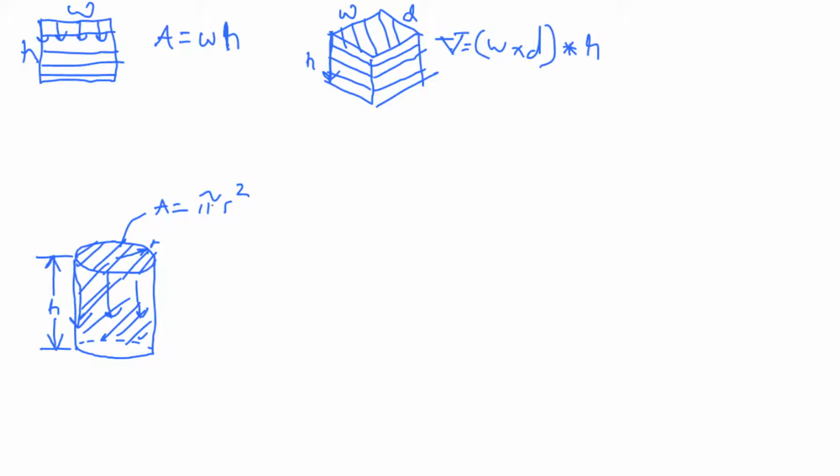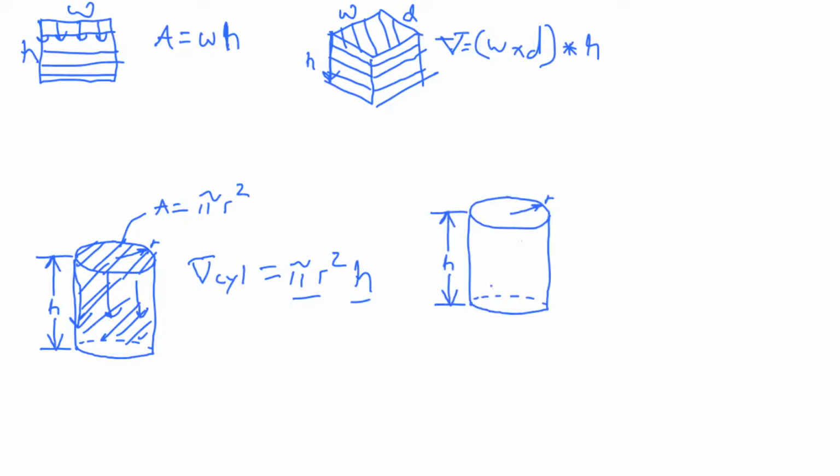That's equivalent to multiplying the top face by the height, the path that it travels. So the volume of the cylinder is equal to pi r squared times H, or the area of a circle times the path that the area of the circle is traveling.